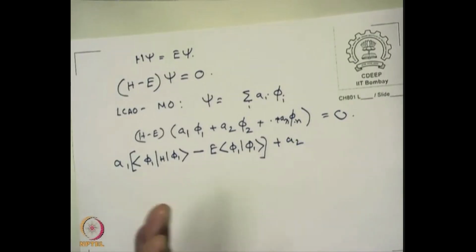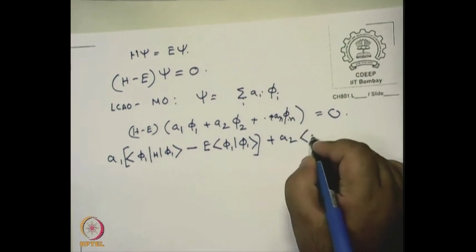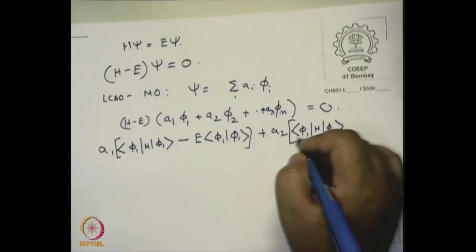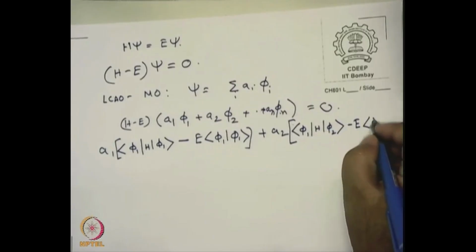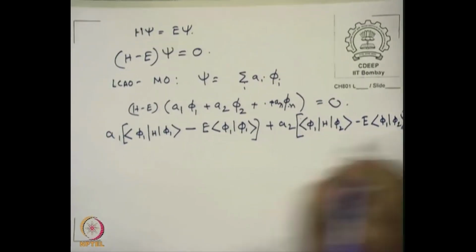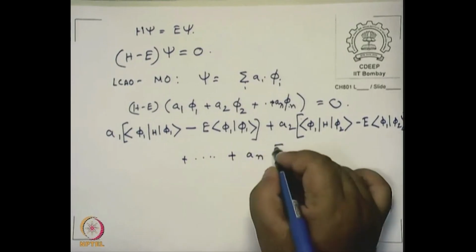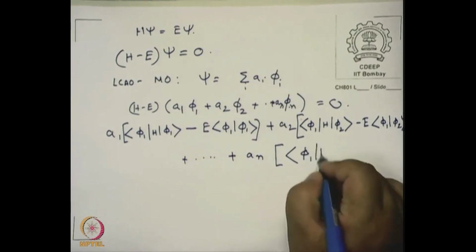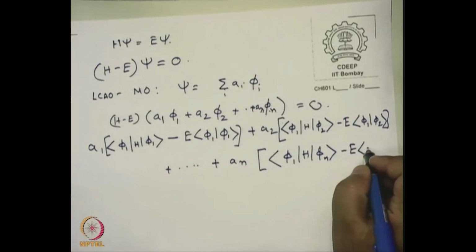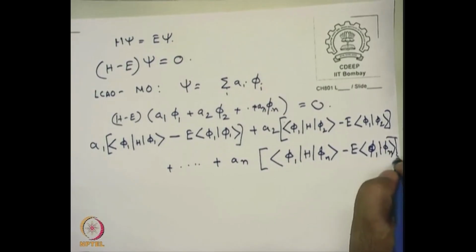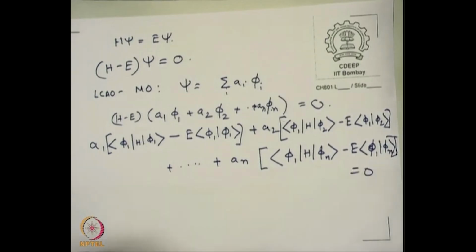I am multiplying the whole thing by phi_1 and integrating over all space. That will be equal to 0.